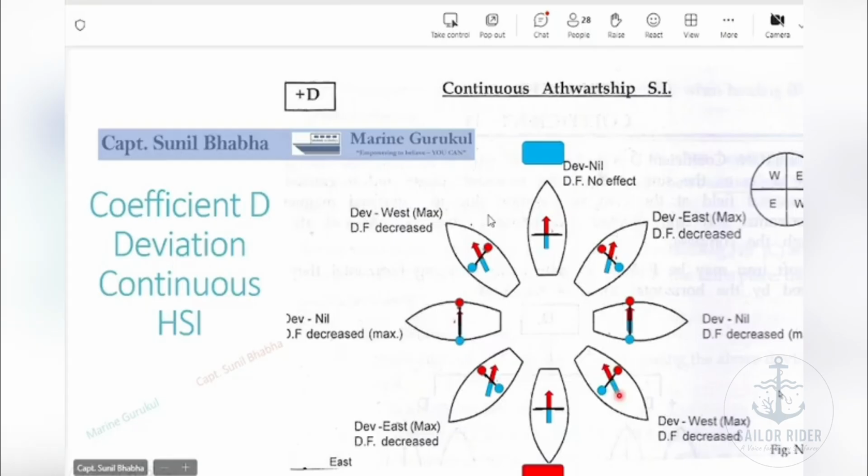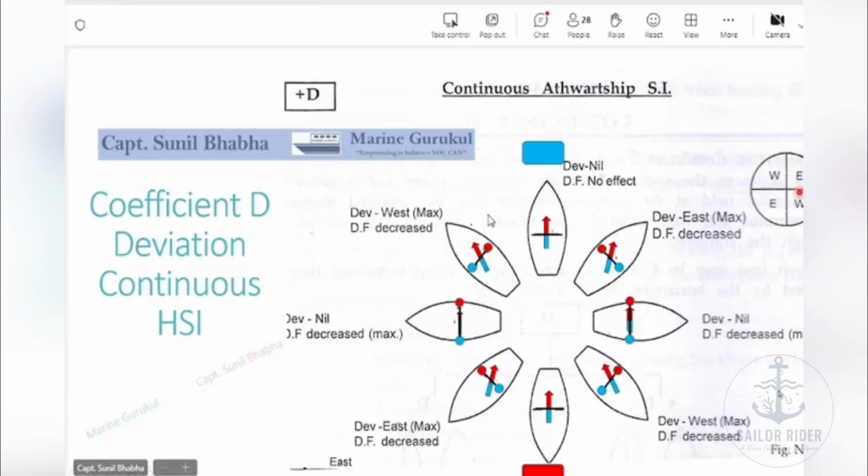We have a westerly deviation generated here. So you can see these four quadrants showing the deviation generated, and it tells us that this is a quadrantal deviation. Now the same principle can be applied to any of the other headings, and you can appreciate the deviation being generated proportional to sine of twice the compass course.